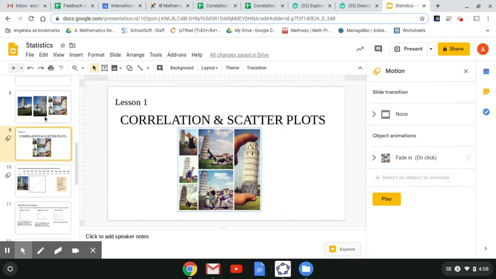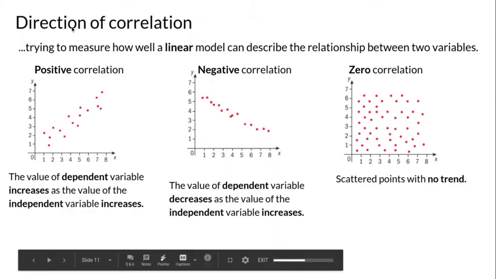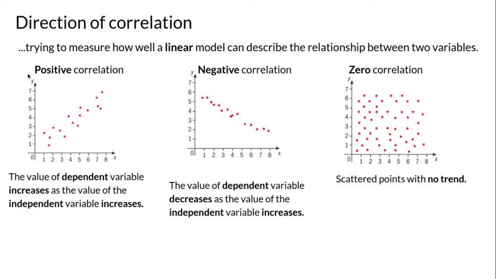Maybe very quickly, let's take a quick look at these types of correlation. With positive correlation, as one of the variables increases, the other one also increases.